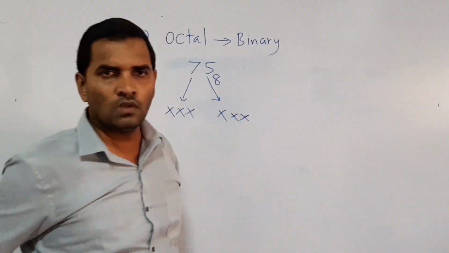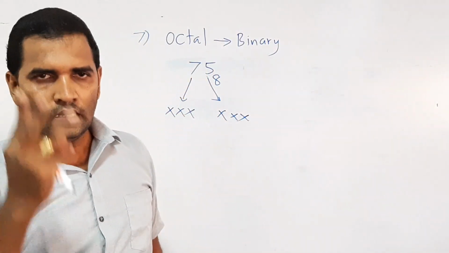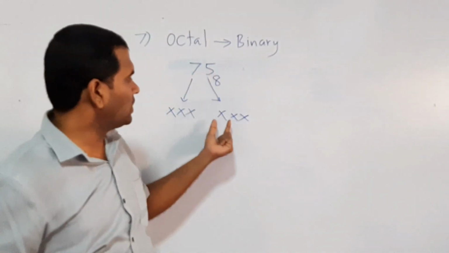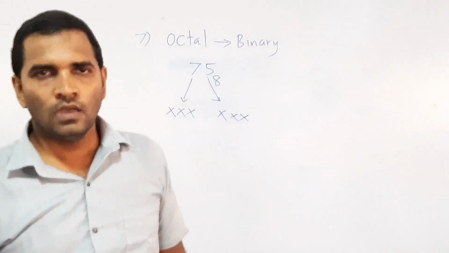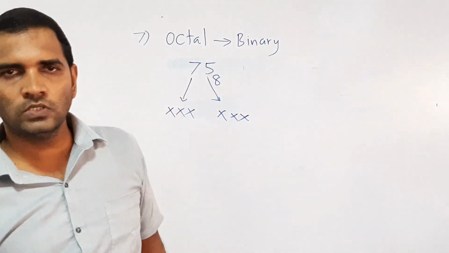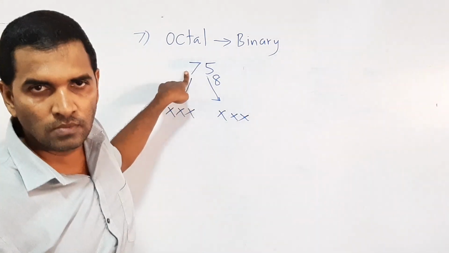This is very simple. You have 2 octal digits, both of them definitely need 3 bits each. So 7 needs 3 bits, 5 needs 3 bits. The only thing is, you have to find those 3 bits. It's very simple. Look at them. First of all, find out the 3 bits for 7.